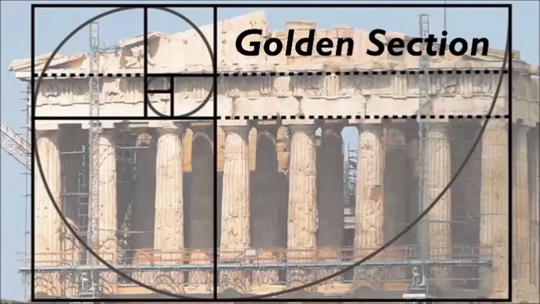Now, in the book, it raises a good point. Do we even know, or can we even tell that something is designed according to some of these proportioning systems? And the answer is yes, on a subconscious level, probably. You probably aren't going into a building and saying, this is exactly in keeping with all of the tenets of the golden section.